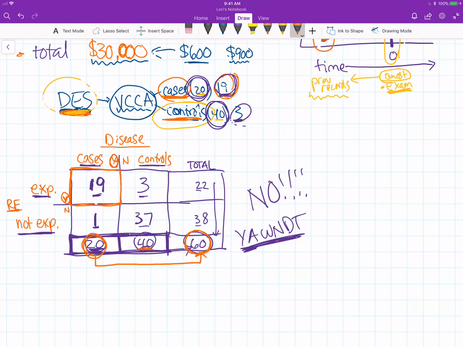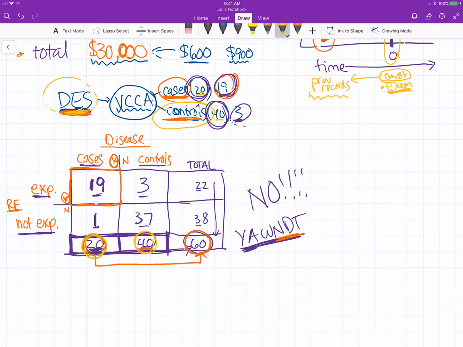You would never do this, okay? And this is actually one of the important disadvantages or limitations of a case control study, which is that we cannot calculate the prevalence of disease. I have forced there to be 20 and 40.